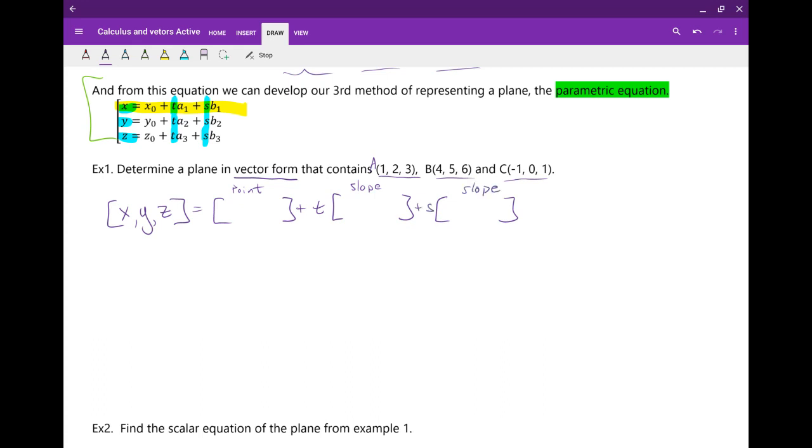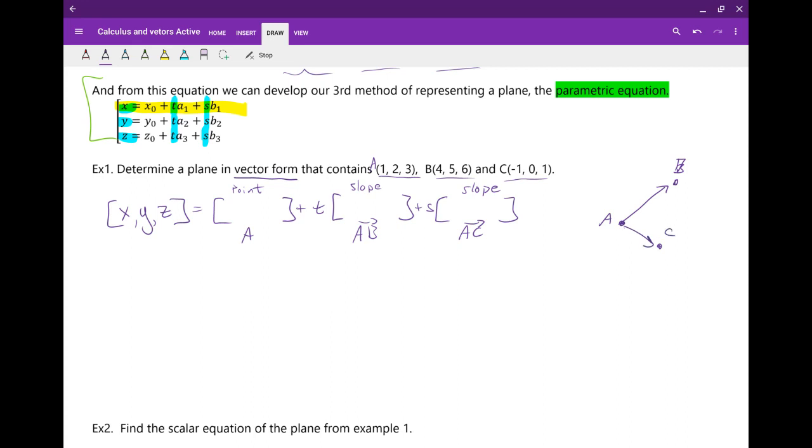All right. So what I'm going to do is use point A here, and then the vector AB here, and then the vector AC here. So I'll use point A, and I'm going to define one of the slopes as being AB, and then maybe C is over here, and the other slope is going to be AC, and then boom, there you go.